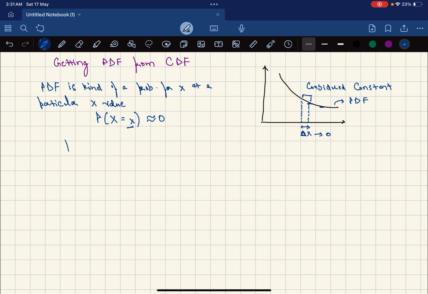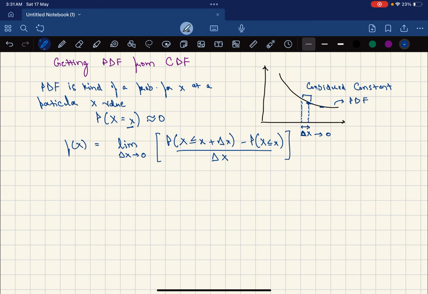Now to get that, we denote the PDF using a small f like we have seen before. So we calculate the limit for delta x tending to 0, and to calculate the probability at that point, we use the CDF, because we already know the CDF here and we are trying to derive the PDF from the CDF. So we calculate P(X less than or equal to x plus delta x) minus P(X less than or equal to x), divided by delta x.